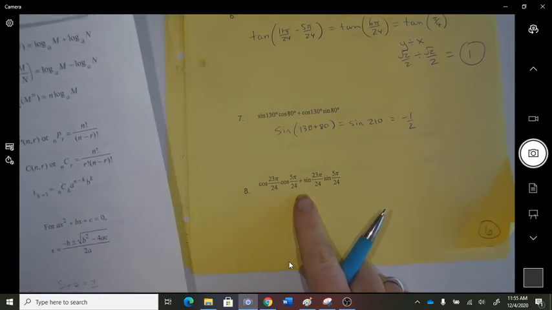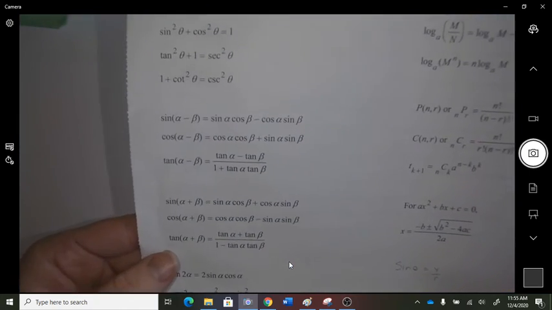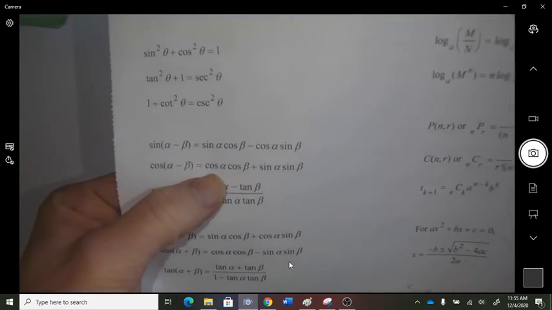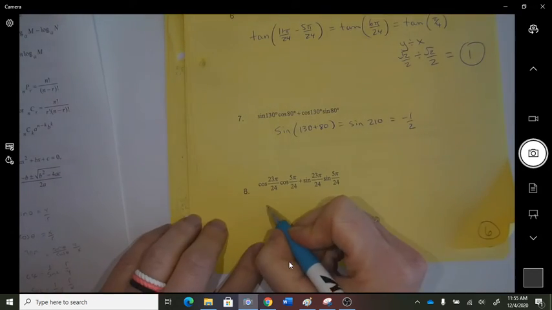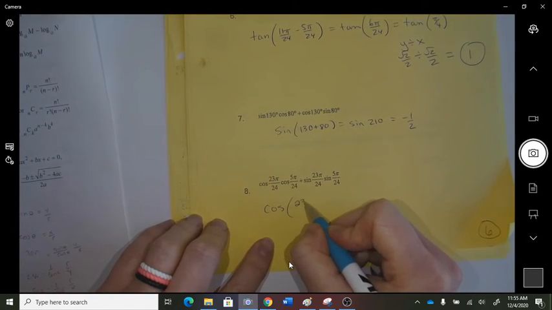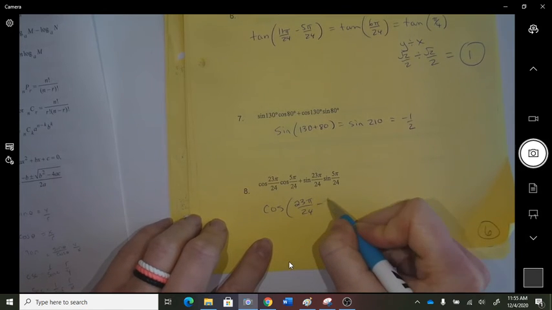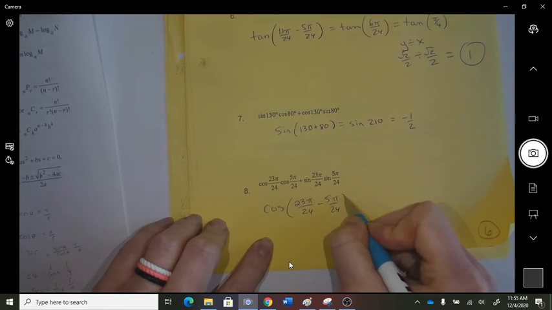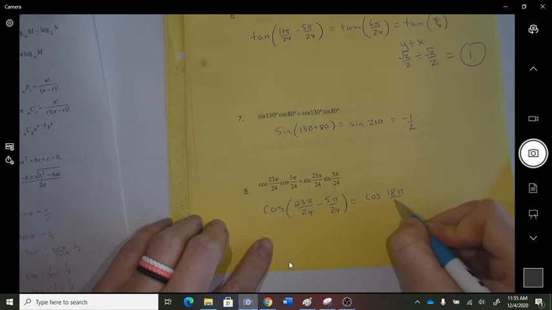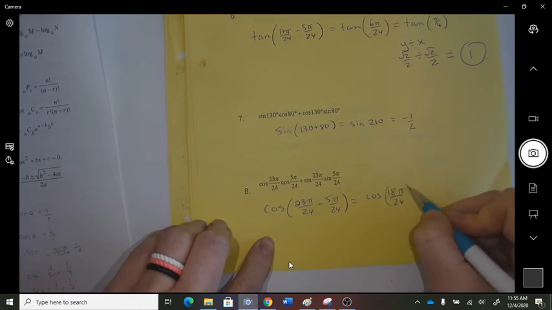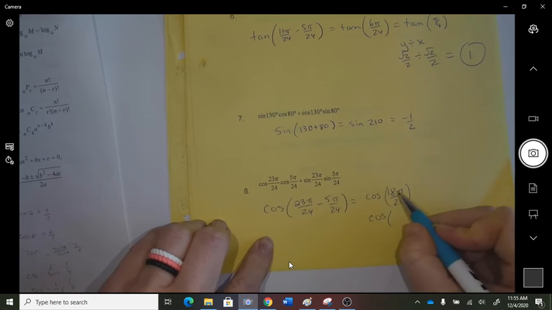Cos cos plus sine sine is right here, so that's the cos of two angles subtracted. So I'm going to subtract, and that is 18 over 24. What does that reduce to?